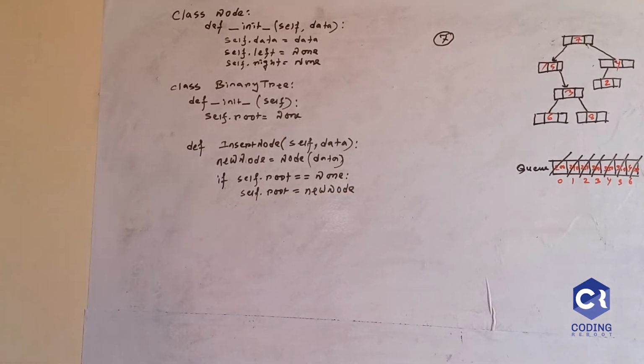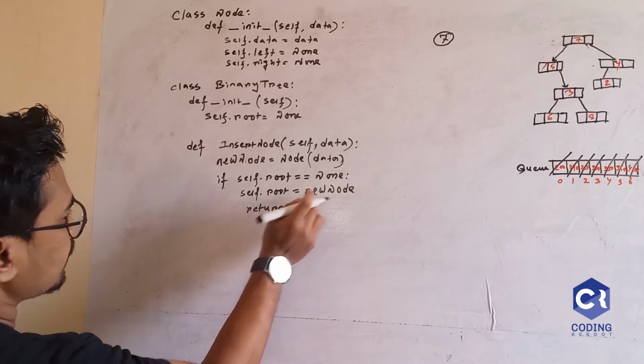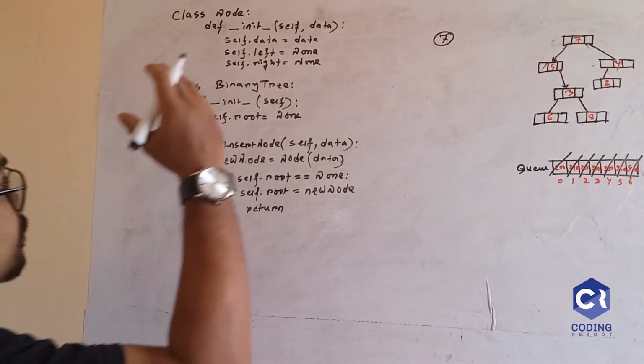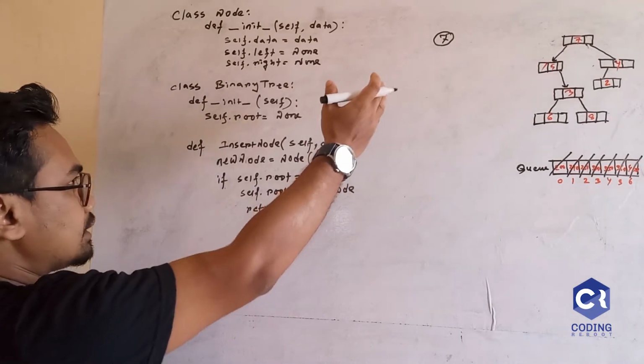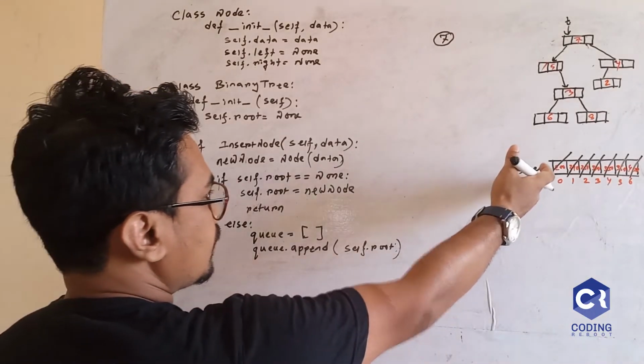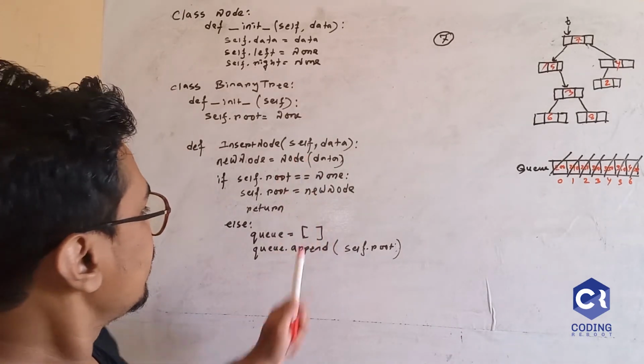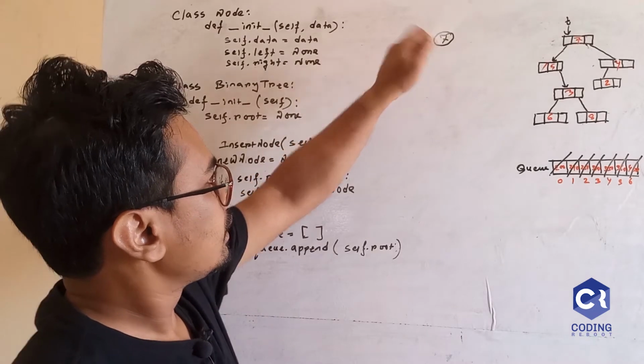Fine. Else, now we should return if it is our new node. Else, if our root node already exists there, here we appended our self.root into our queue data structure, and then we are going to check if the root node exists.